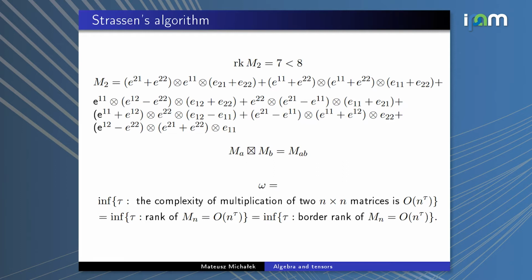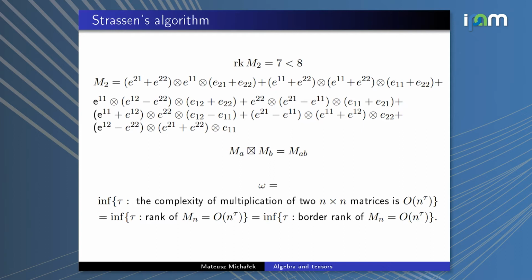What does it say in practice when we think about it as an algorithm? It tells us that if we have an A times B matrix, we could as well treat it as an A by A matrix with entries that are B by B matrices. So if you have a good algorithm to multiply A by A matrices, you can also use it to multiply A times B by A times B matrices.